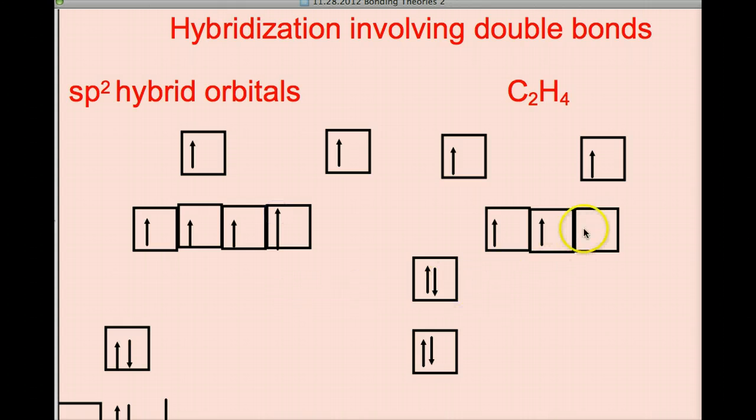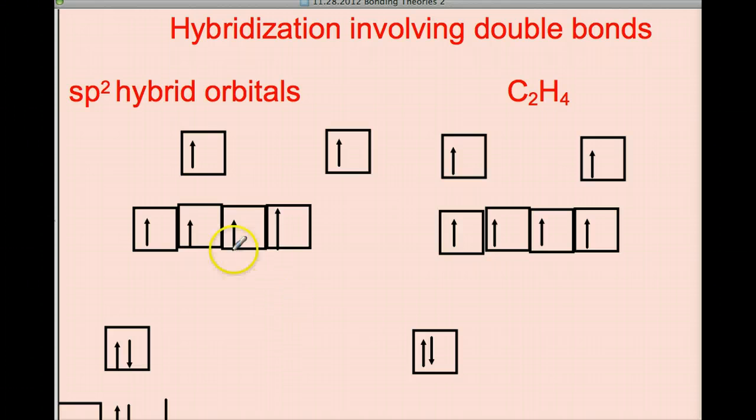And on the other note, this orbital would also like to bond, so why not create an sp2 hybrid, have this s orbital mix with these p orbitals, and at the same time move this electron over, and let me change it for its parallel spin. And now let's see what the possibilities are.